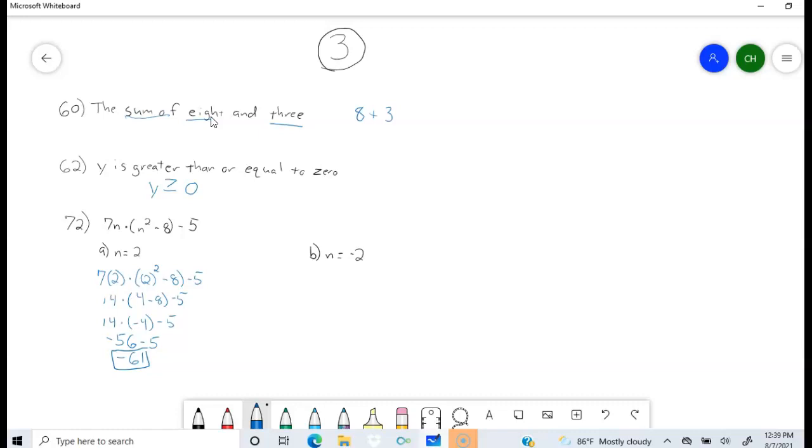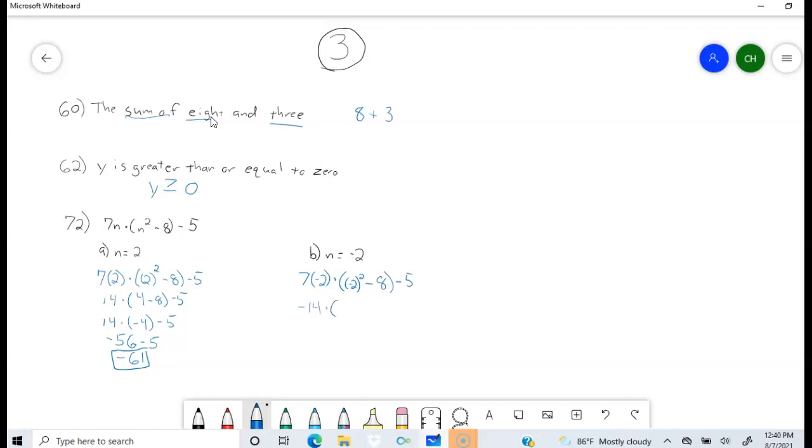On B, I'm going to replace n with negative 2. So I'm going to have 7 times negative 2 times negative 2 squared minus 8 minus 5. 7 times negative 2 is negative 14 times order of operations.